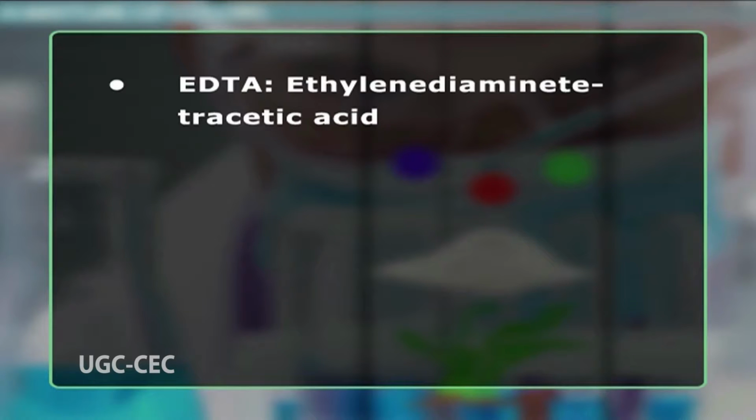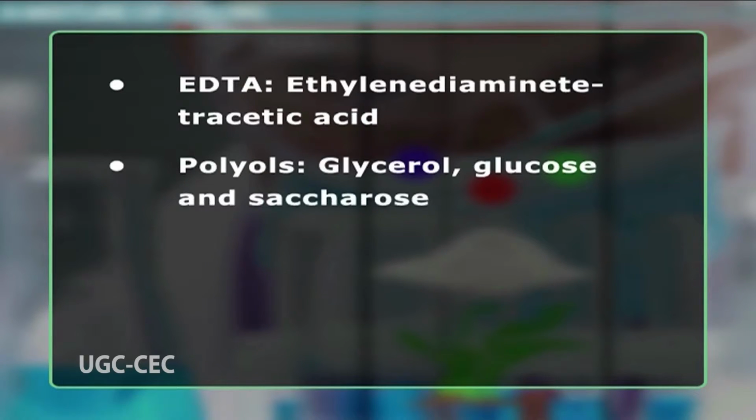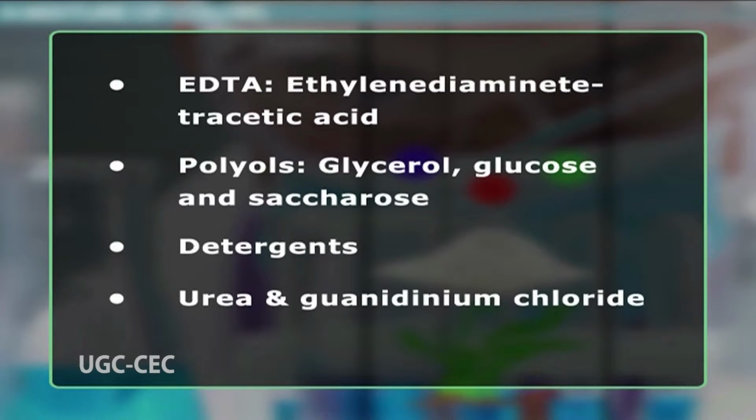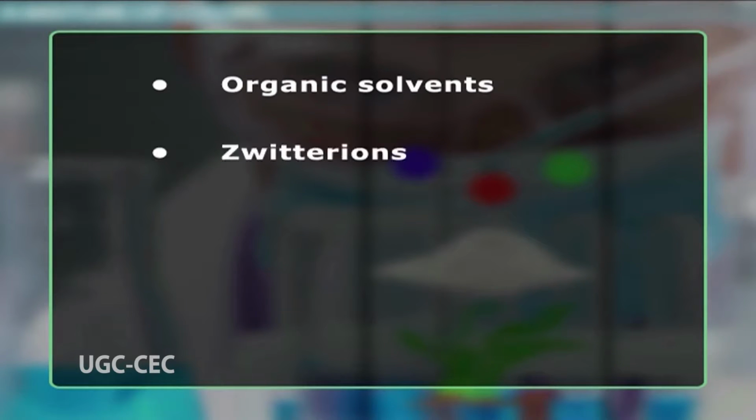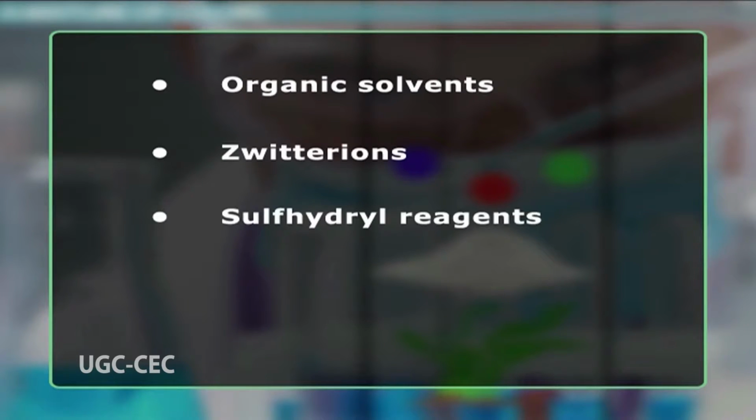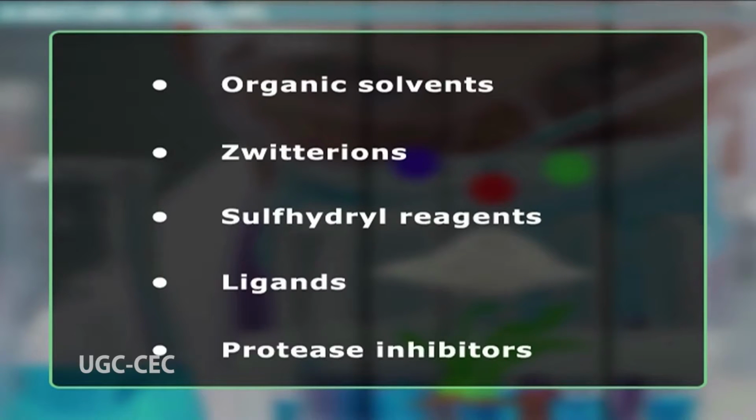Commonly used eluent additives which have been successfully used in ion exchange chromatography are as follows: EDTA, ethylenediaminetetraacetic acid; polyols, glycerol, glucose and saccharose; detergents, urea and guanidinium chloride; lipids, organic solvent, zwitterions, sulfhydryl reagents; ligands, protease inhibitor.